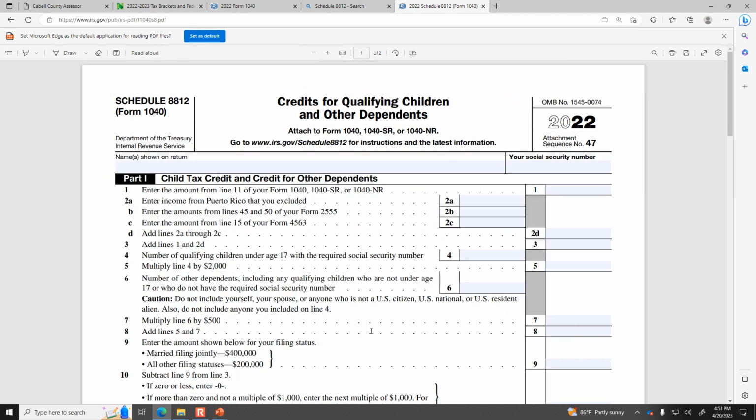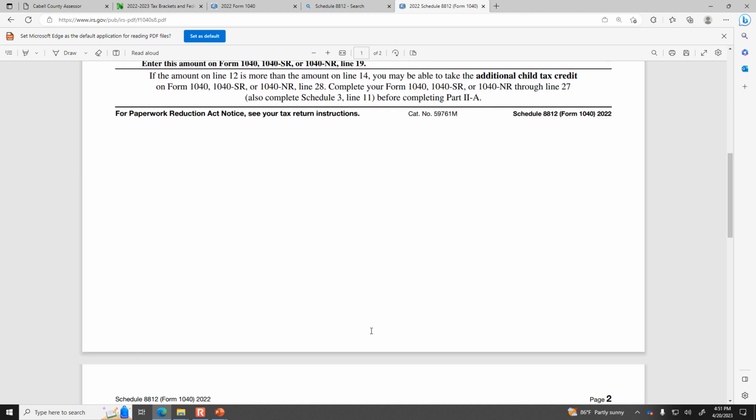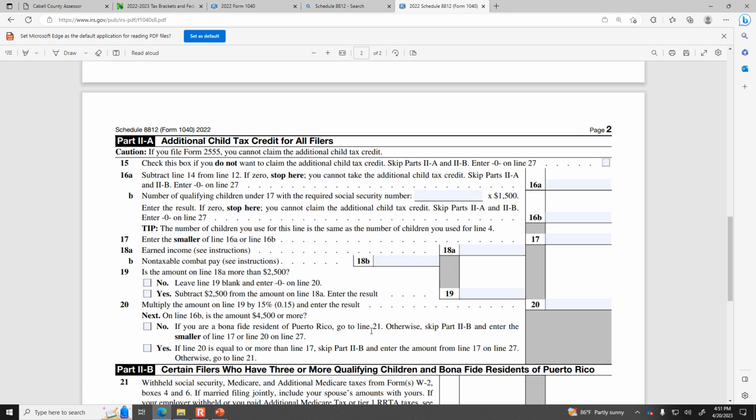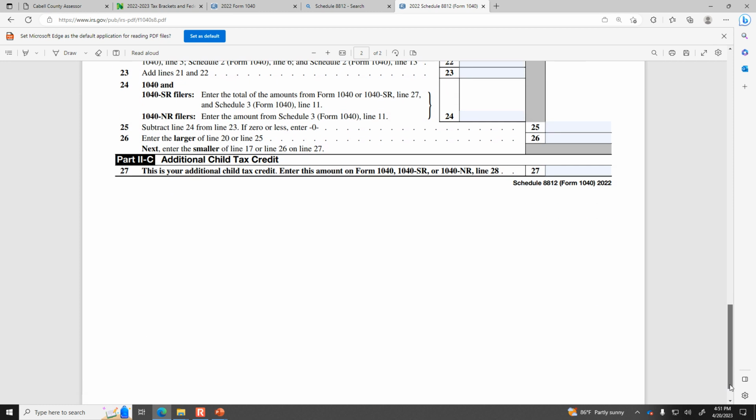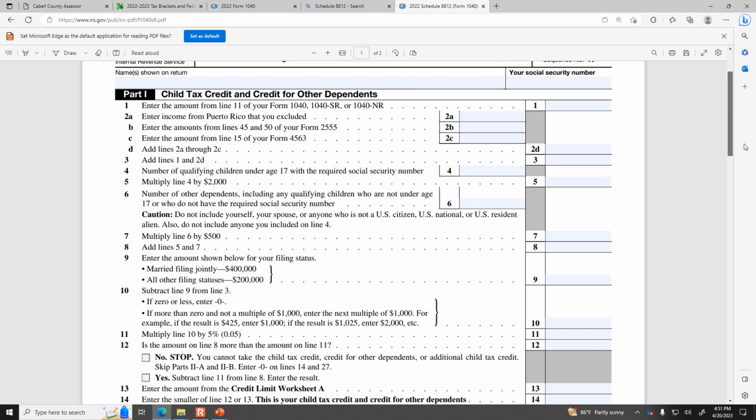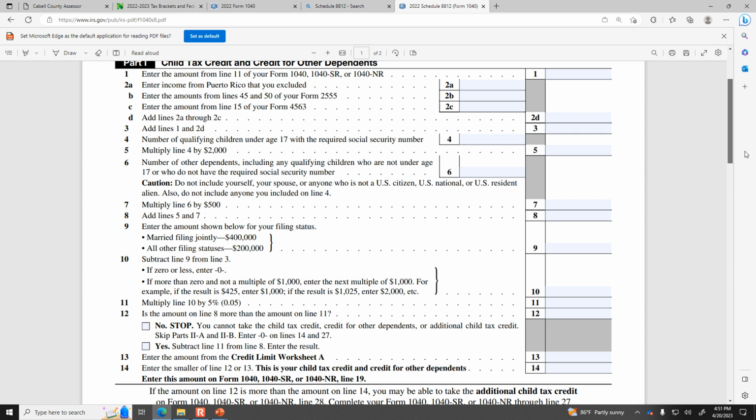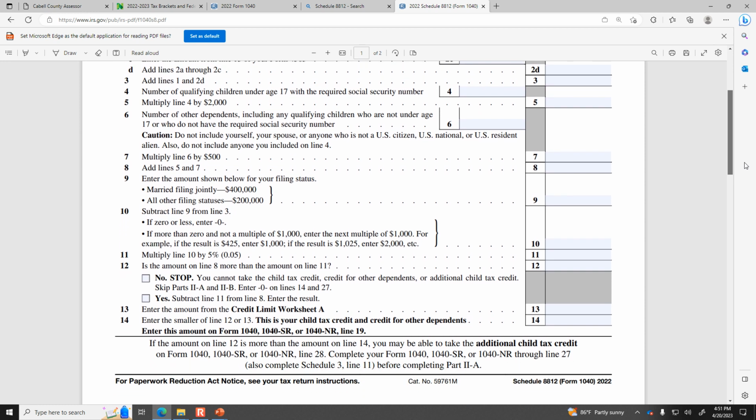So for example, it's kind of a complicated flow chart, but if you're trying to calculate the value of the child tax credit, then they're going to ask your income amount on here.